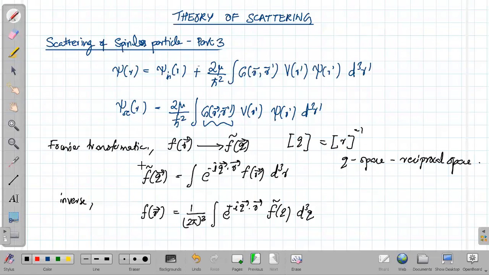For the time being, we'll deal with the Fourier transformation. We'll convert our Green's function, which is a function of r and r prime, into the reciprocal space, G tilde of q.